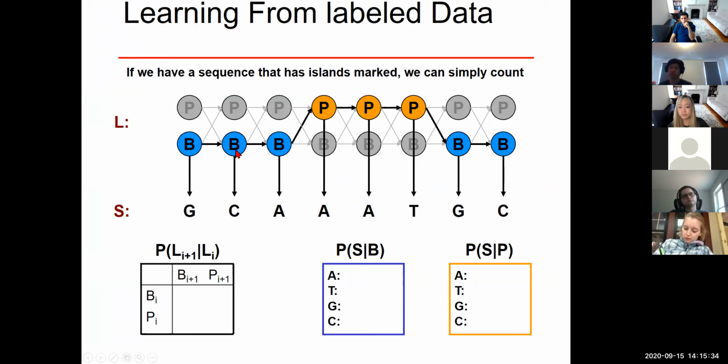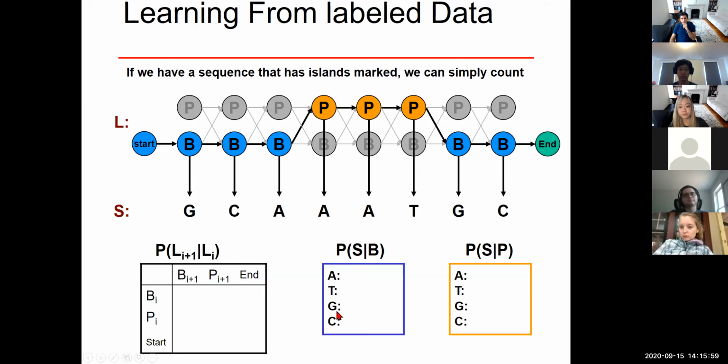How many times was I in the background state? 5. How many times did I emit a G from the background state? 2. What is the maximum likelihood estimate of the emission probability of the character G from B? I expect all of you to type frantically in the chat window. So I observed G 2 times out of 5.